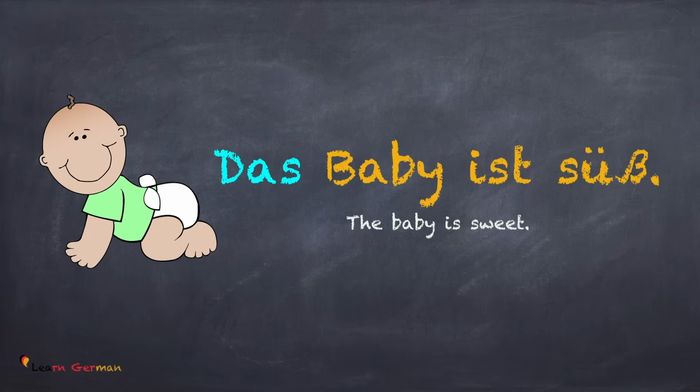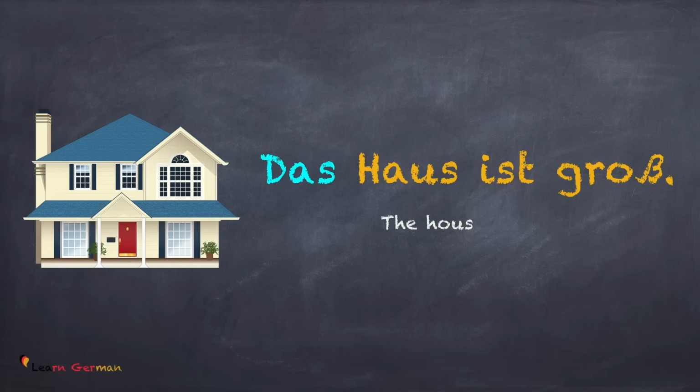Here you can notice that Baby is my nominative subject and the article for it is das. Similarly, in the next sentence, das Haus ist groß. The noun in the sentence is Haus and the article is das. Das is the article for neutral.